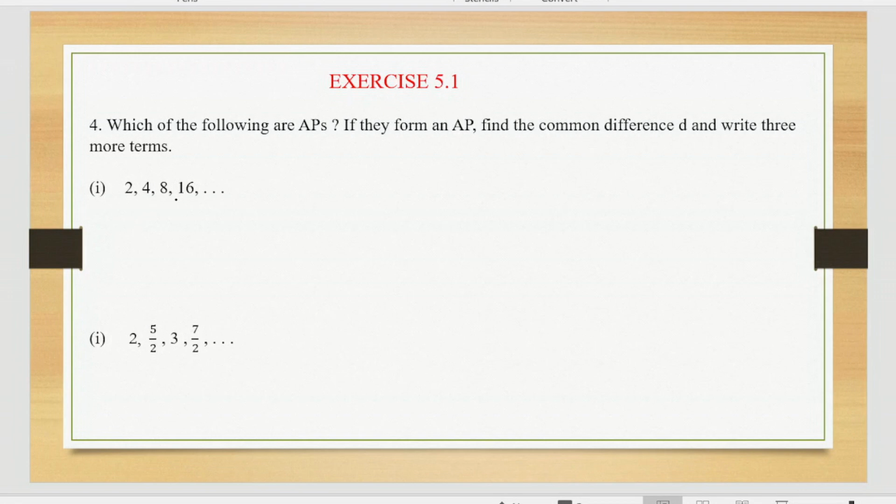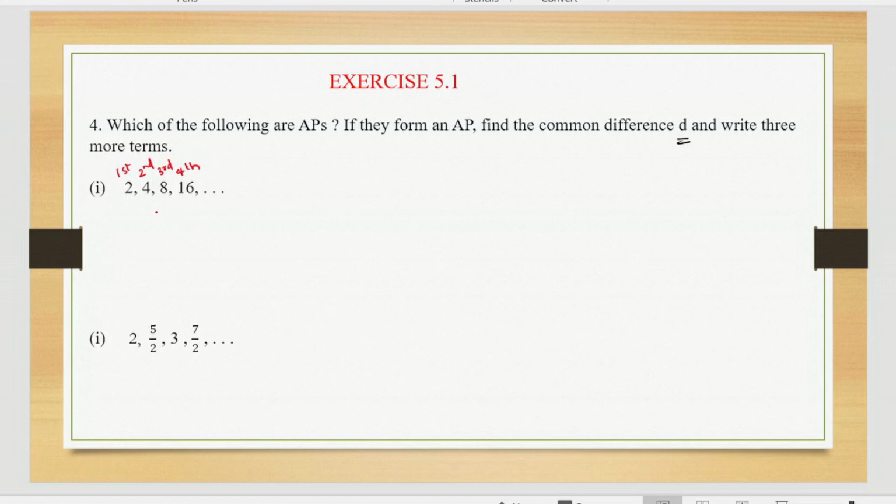2, 4, 8 and 16. First we need to check if this is an AP. How do we check whether a list of numbers is an AP? If the common difference is constant, we say it is an AP. So this is the first term, second term, third term, fourth term.